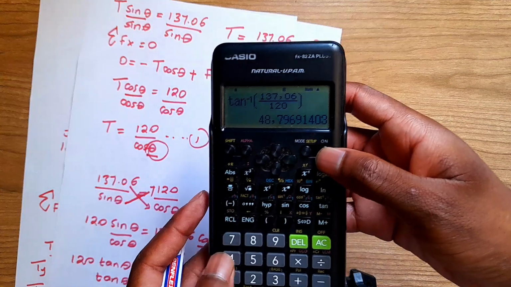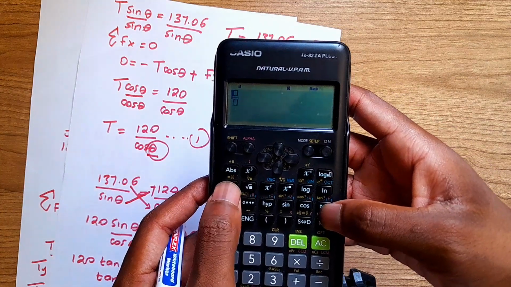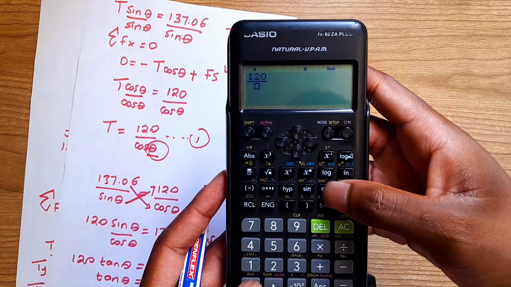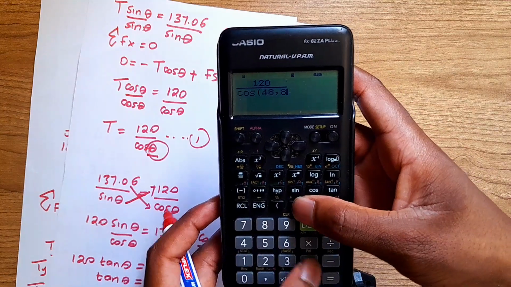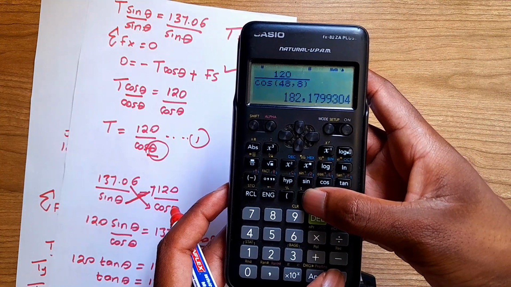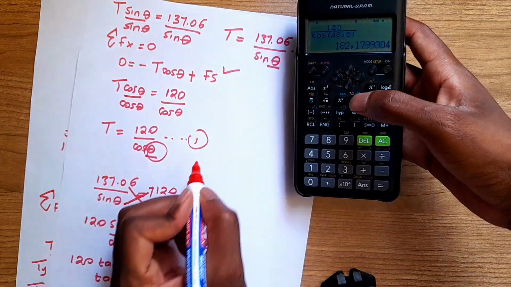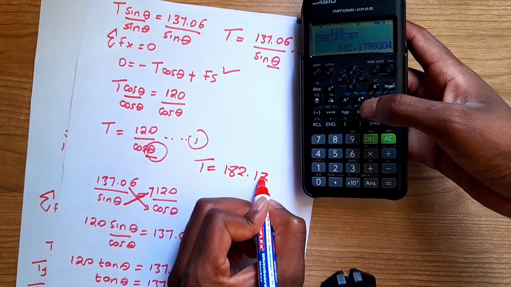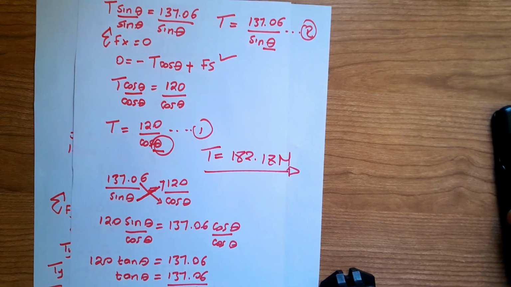So let me show you: 120 divided by the cos of 48.8, and I get 182.18. So it means that my tension is 182.18 newtons. Well, that was how you calculate this question.